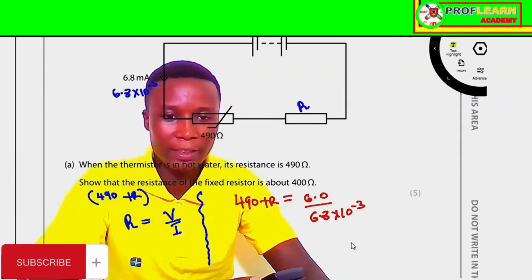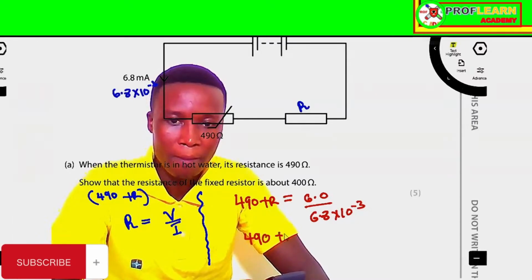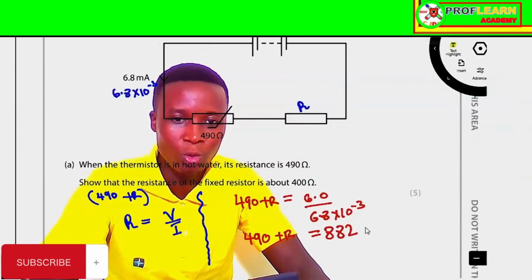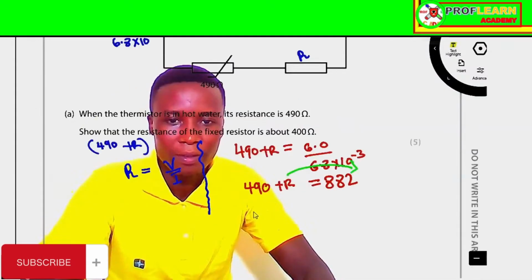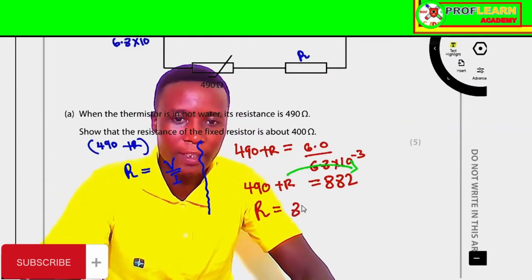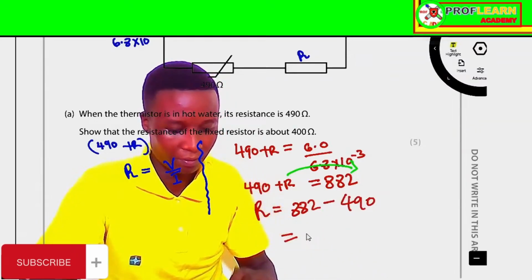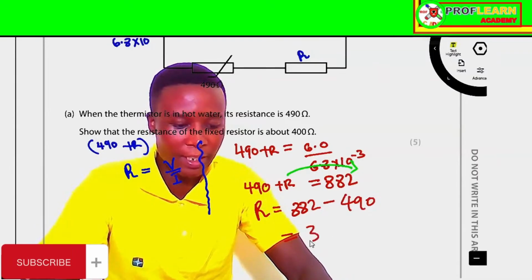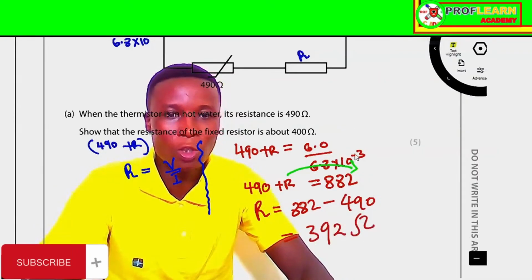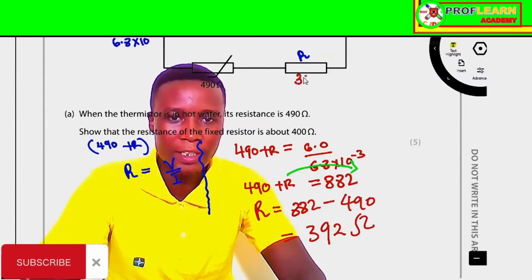If I work that out, this is what I'm getting: 490 plus R gives me 882. So for us to find R, R equals 882 minus 490, and the answer I'm obtaining is 392 ohms. So this fixed resistor has 392 ohms.